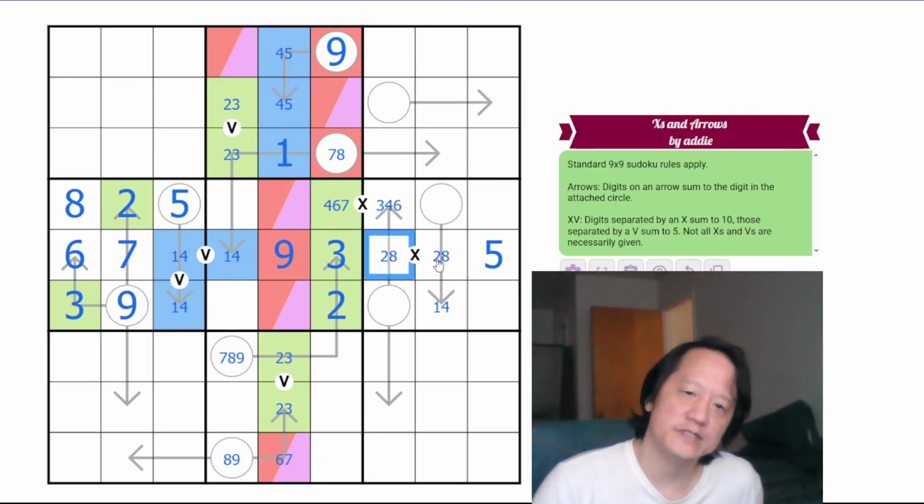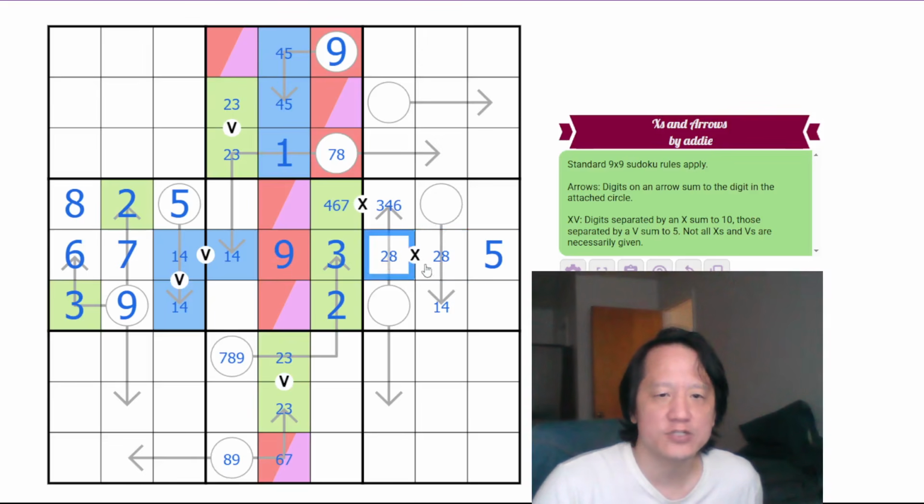So one of these 8s is going to have to add up with the 1 to add up to 9. Because there's no other possibility for 8 to be in an arrow. So this cannot be 8 because this can't be 1.